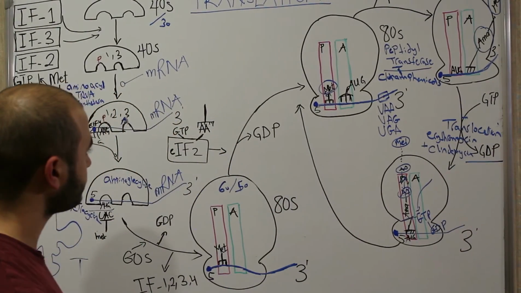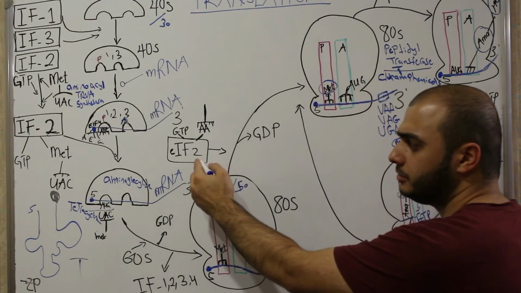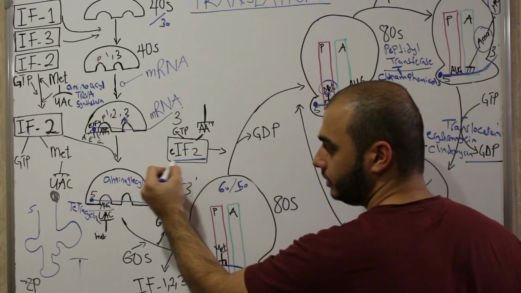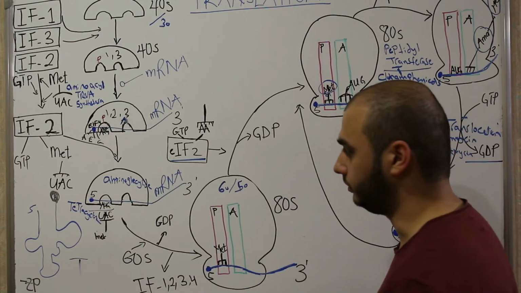And also keep in mind that diphtheria makes ADP ribosylation of elongation factor 2 and prevents translation.